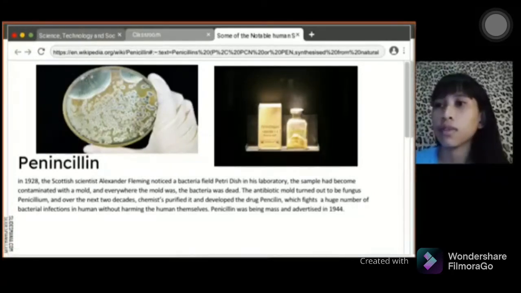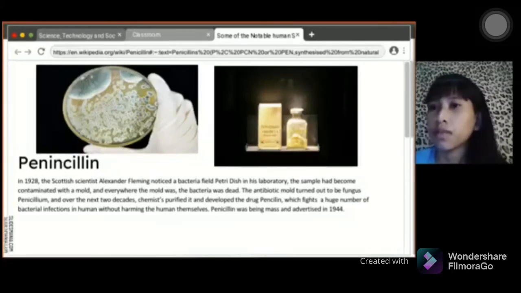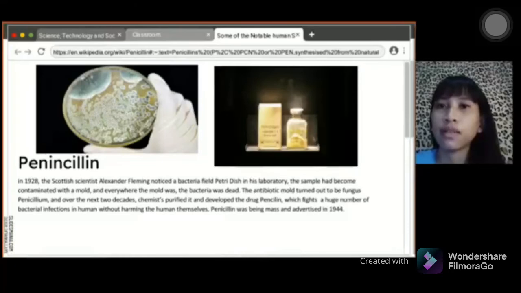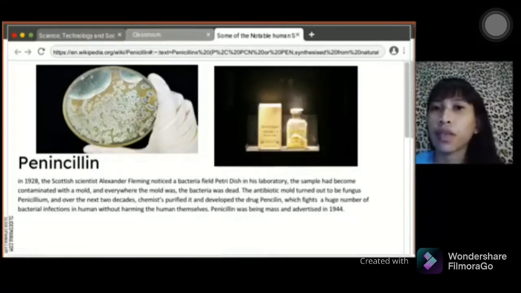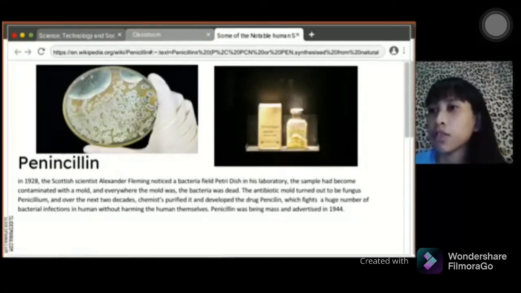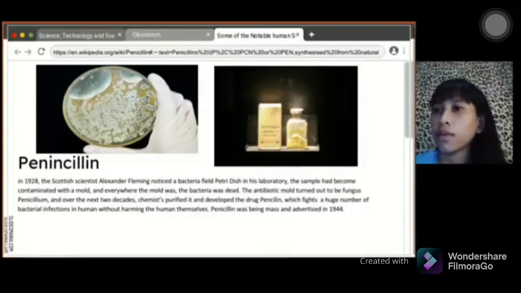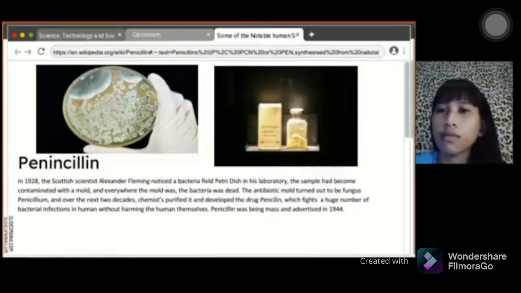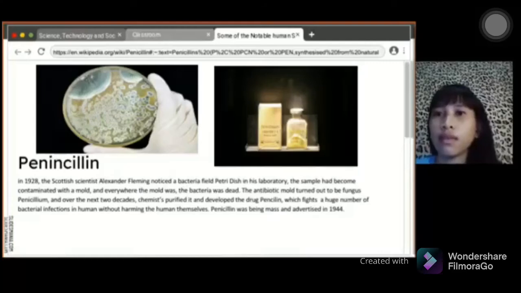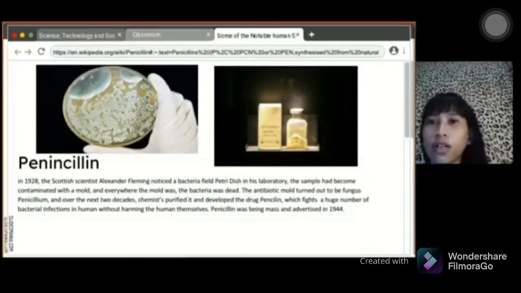Over the next two decades, chemists and scientists developed the drug penicillin, which fights a huge number of bacterial infections in humans without harming the humans themselves. Penicillin was mass produced and advanced in 1944.